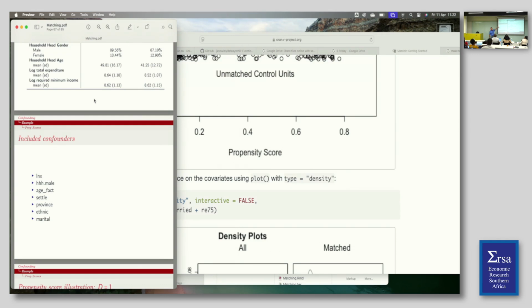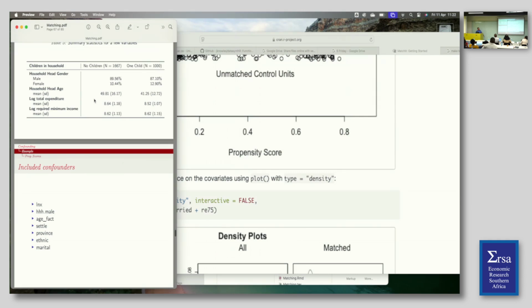Say this is log expenditure, right? So when I write the table, right, I'm explicit about this. Log total expenditure, all right? And I recommend this over and over again to my students. Don't use variable names in tables, use short descriptors. Right?